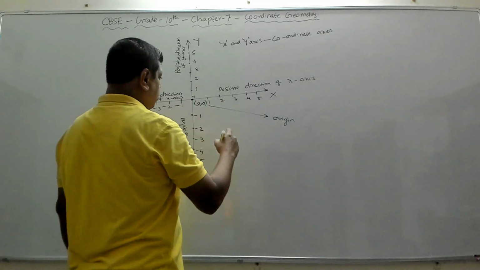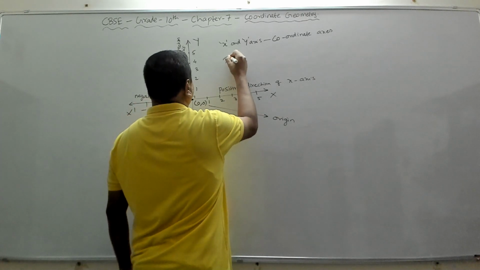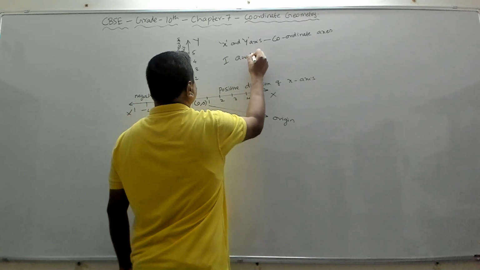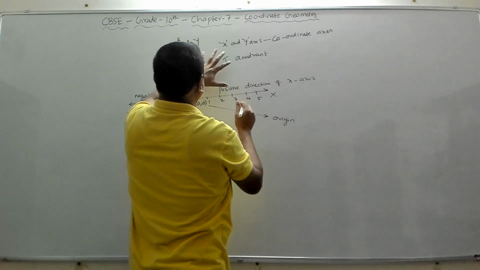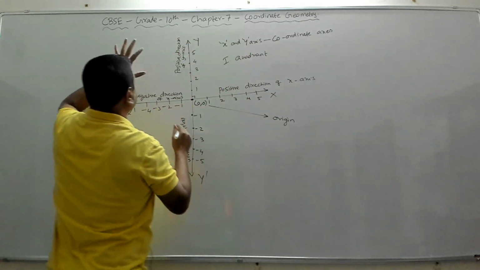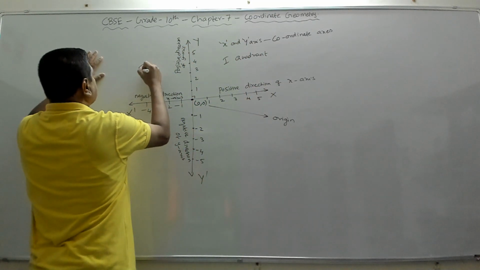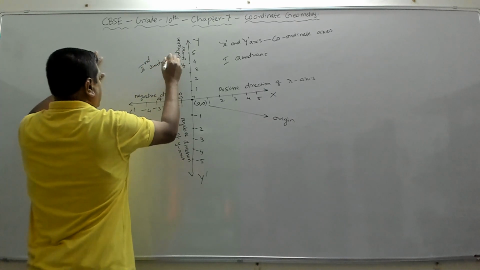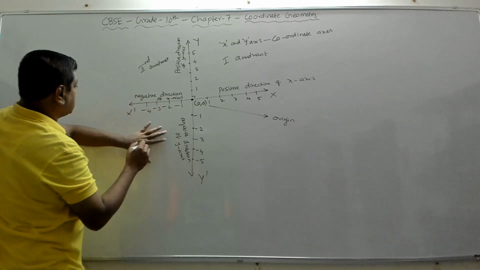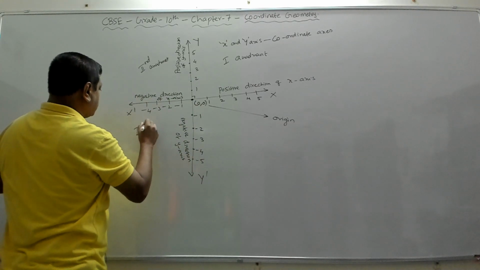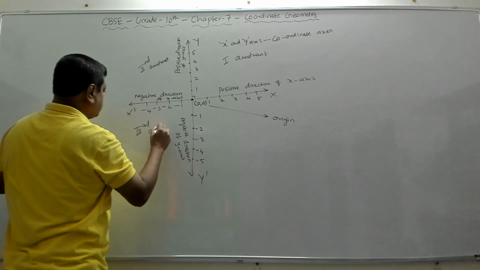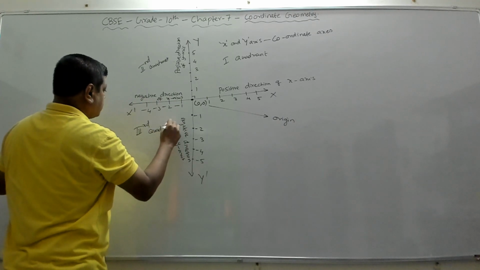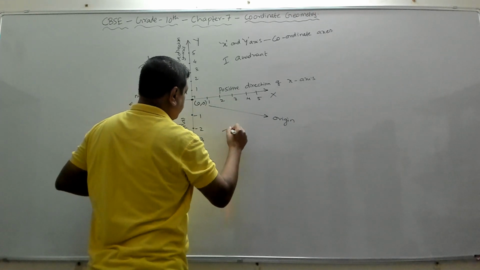So it divides into 4 quadrants. This region is called the first quadrant, this is called the second quadrant, this region is called the third quadrant, and this one is called the fourth quadrant.